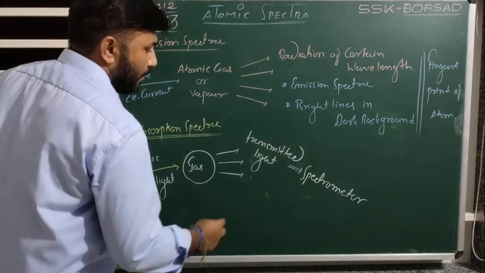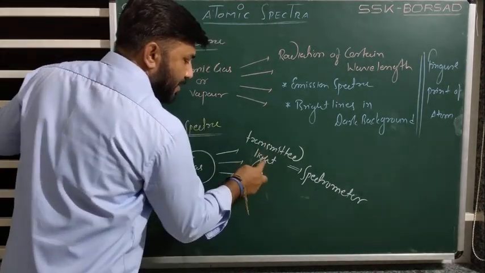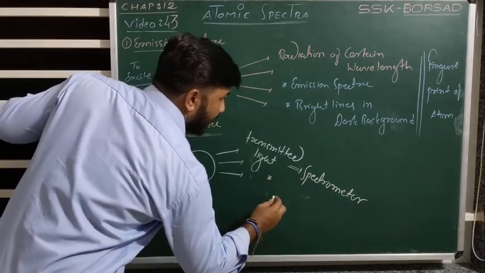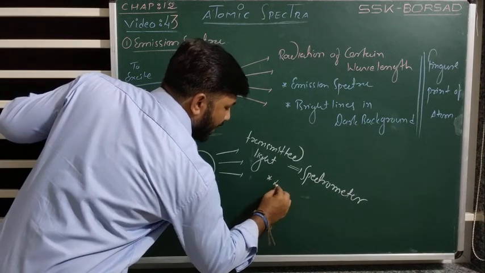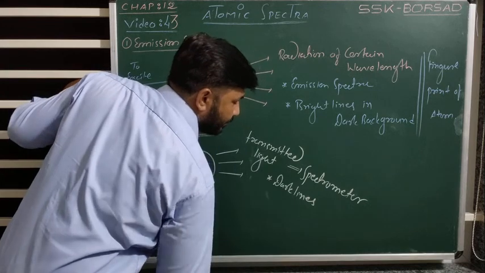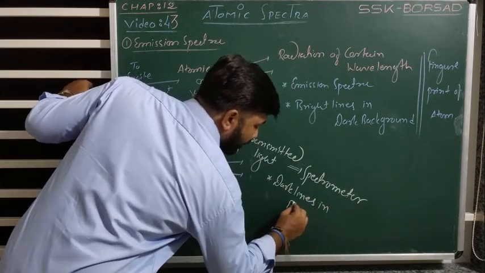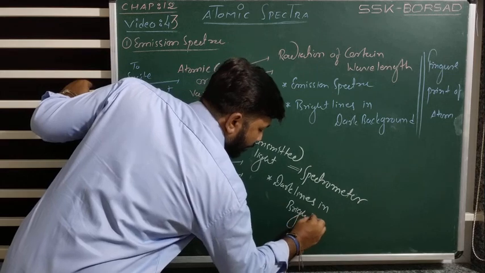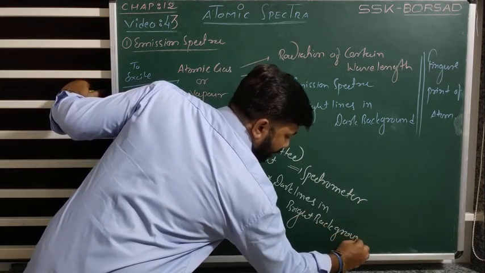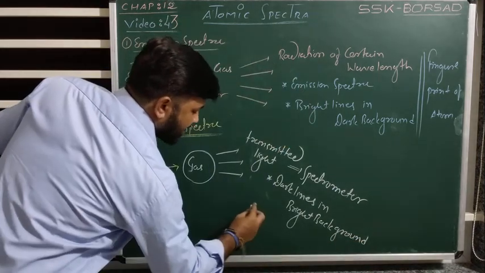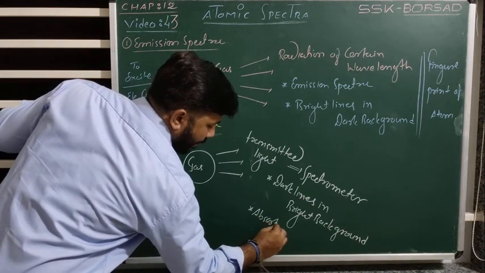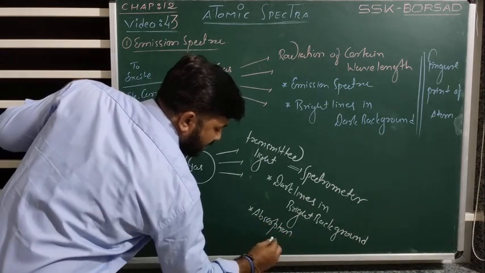So by observing that transmitted light in a spectrometer, lines appear, dark lines in a bright background. Such spectra is known as absorption spectra.